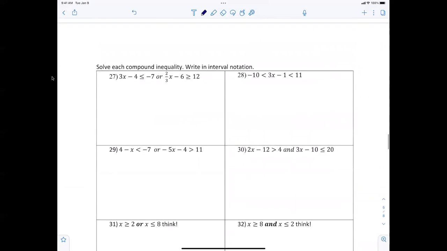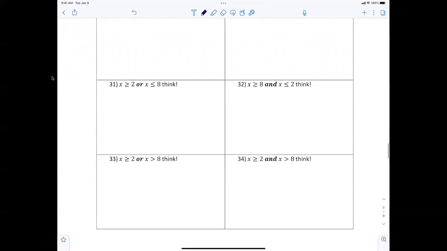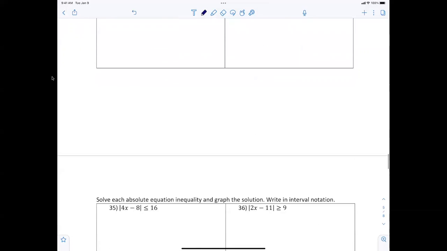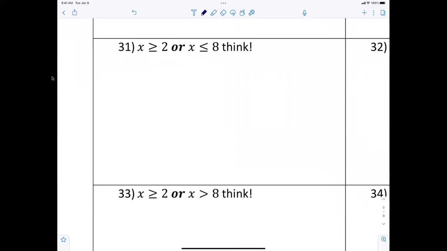What I want to do now is spend some time with you on 31, 32, 33, and 34. So just skip to those for a second. I was trying to challenge those of you who understand what's going on. I'd like everybody just to sit and think of these.